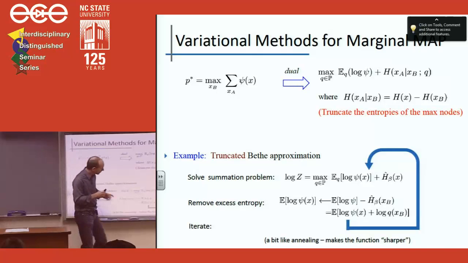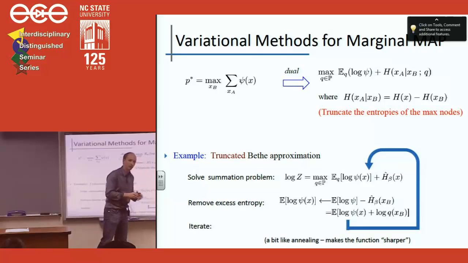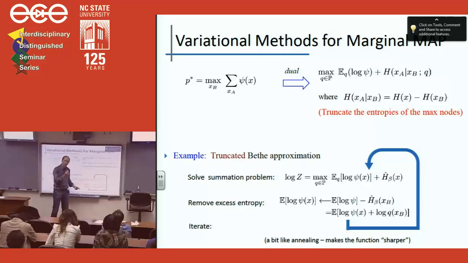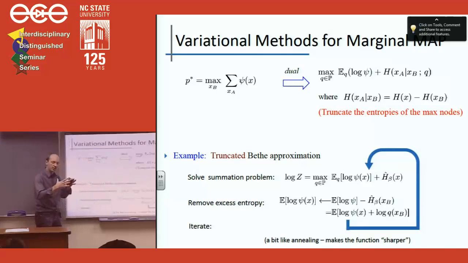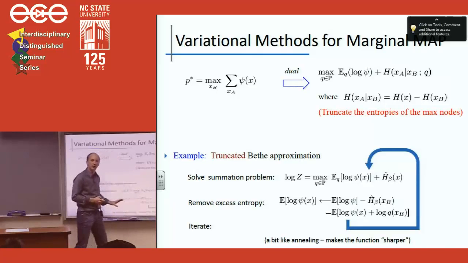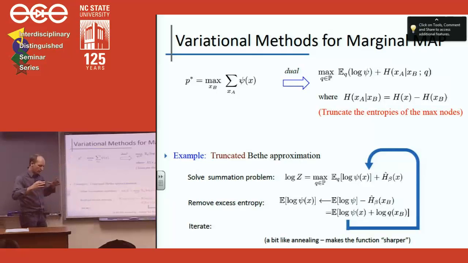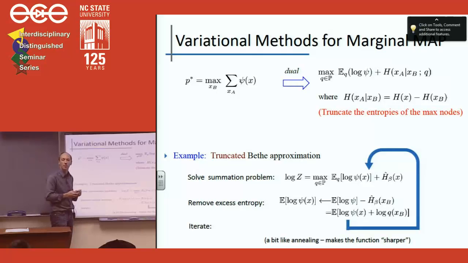And so if the marginal probability is high, I'm going to make it a little higher. I'm going to encourage that kind of configuration. If the marginal probability is low, I'm going to make it a little lower. So everything's just going to get sharper as I go. So it's a little bit like annealing in that sense. Right? You run a summation problem, and then you push the max nodes toward whatever their optima should be.